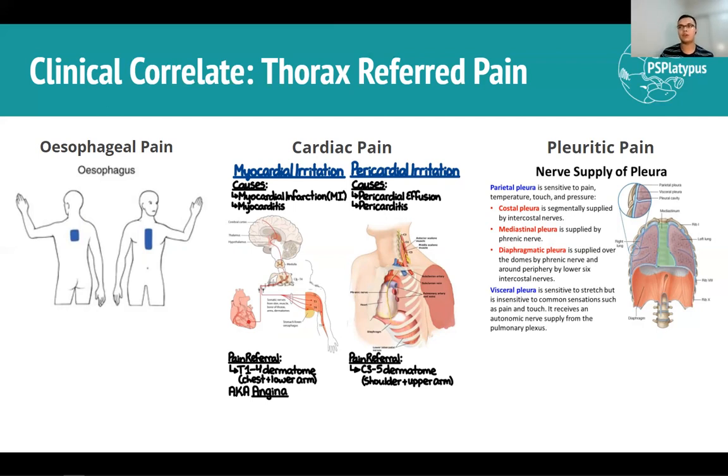That's going to have pain referral, as we discussed previously, over the T1 to 4 dermatomes because your brain is confusing the location of the pain. Whereas with pericardial irritation, the pericardium is innervated by your phrenic nerve. And so your phrenic nerve, if you remember, has nerve roots coming from C3, 4, 5. And so it's going to confuse the location of the pain as coming from the C3, 4, 5 dermatomes. So you're going to feel more so the pain in your shoulder and the upper arm region rather than in the T1 to 4 dermatomes.